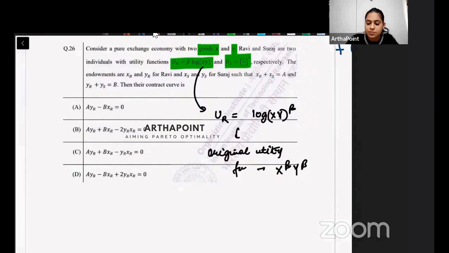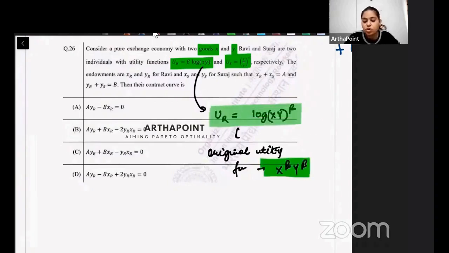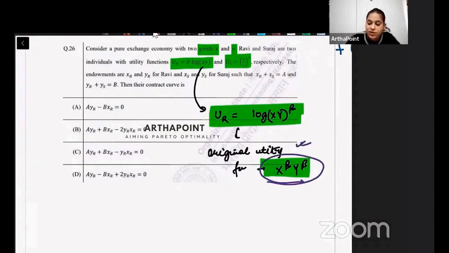And this is much easier to work with if I don't have log. And it will give you the same answer, because these are monotonic transformations. MRS इसका निकालो या इसका निकालो, you will get the same MRS. So in that sense, even if you know what monotonic transformation is and you work with this, you're fine.